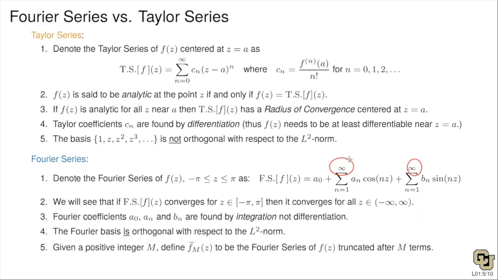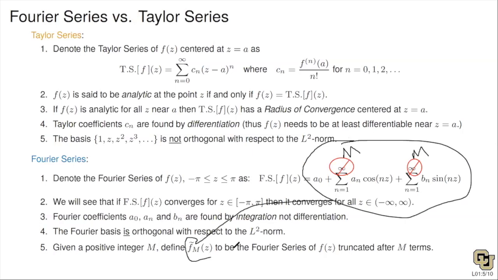Instead of the full Fourier series, we'll look at this truncated Fourier series that goes to some large positive integer m, and we call it f tilde sub m of z. It's just like the Taylor polynomial: you have the Taylor series, but if you cut it off, you get the Taylor polynomials, and that's what we're working with in practice.